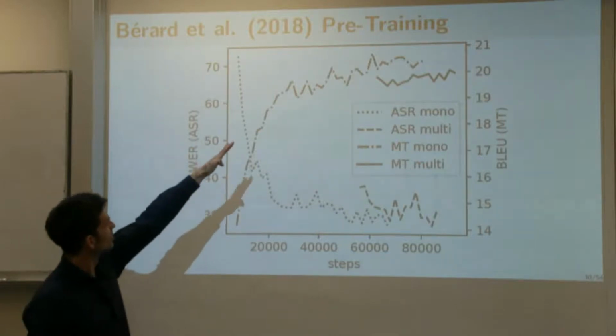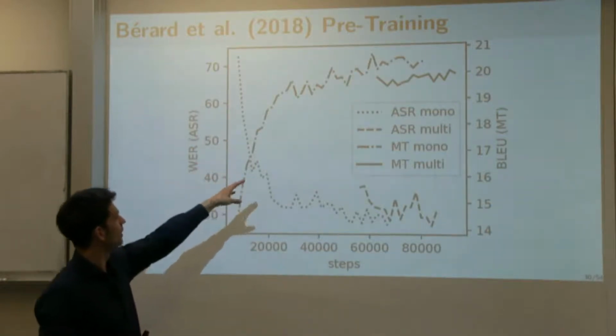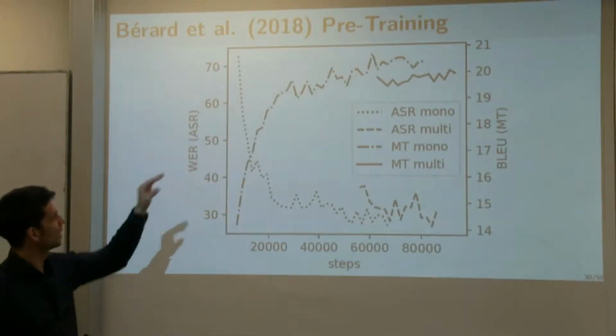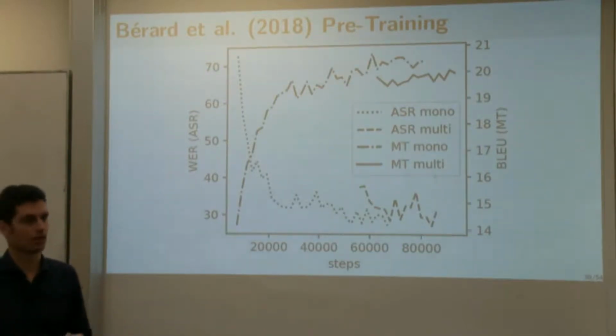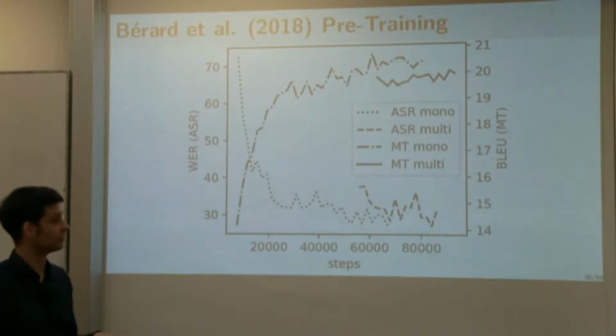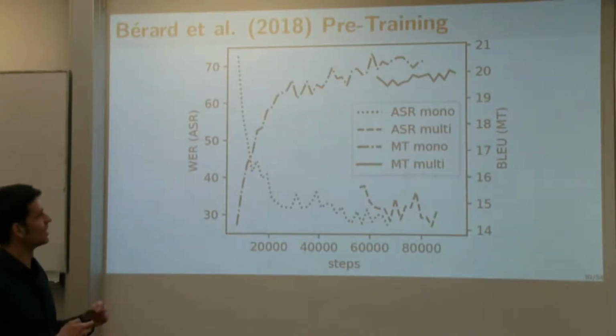And similarly for machine translation, they first pre-train it in the monolingual task, and then they add the source language. So the components of the neural network are pre-trained on independent and easier to obtain data sets.